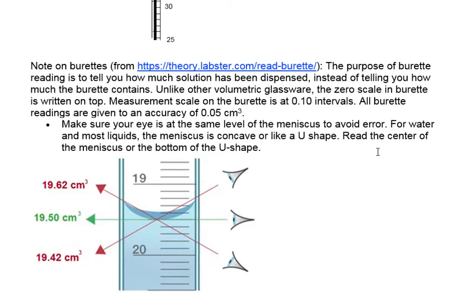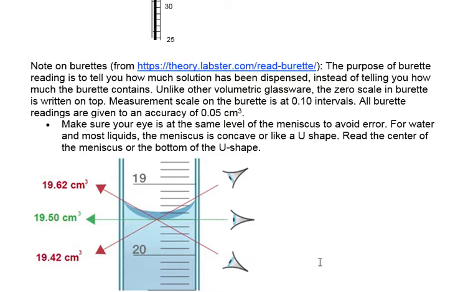So looking at 3 examples here, right, if you're looking straight across, where you should, you would estimate this one as 19.5 cubic centimeters, another way of saying milliliters. But if you were looking slightly above, you would be estimating it quite differently than if you looked at slightly below, right? Where your eye is seeing that meniscus depends on your eye being at the meniscus level.